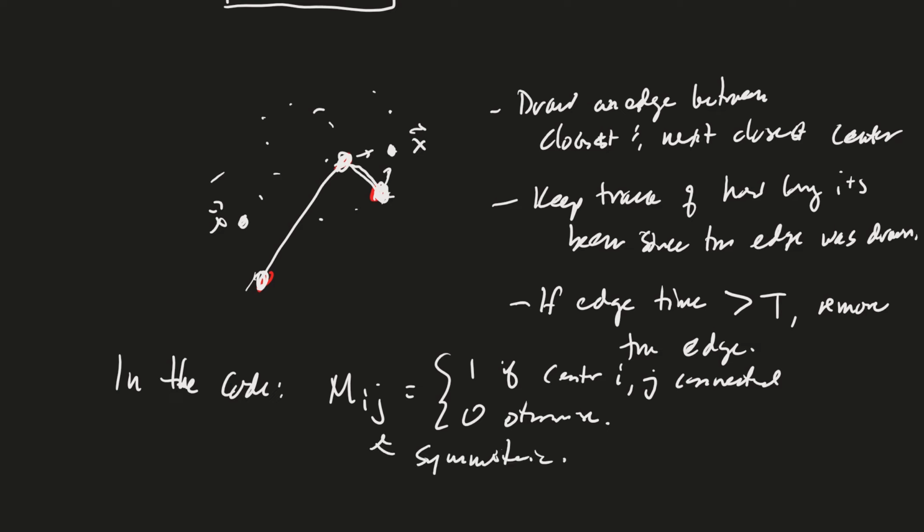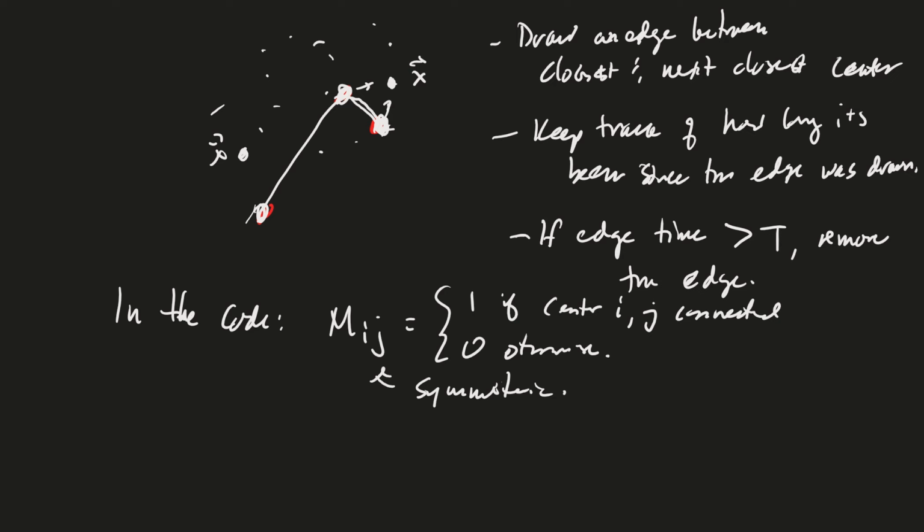That is, if center I is connected to center J, then J is connected to I. And then we will also keep a matrix Tij. And so that's going to be the time since edge Ij was created. Good. All right. And so in the algorithm, you're going to see things being updated.